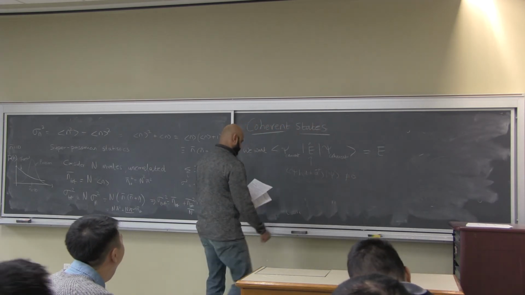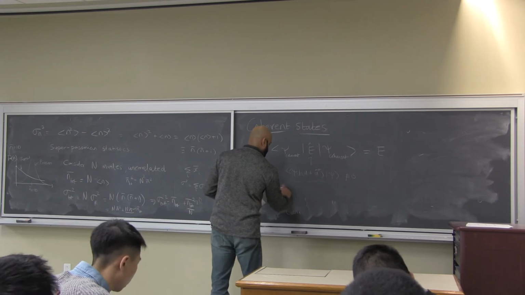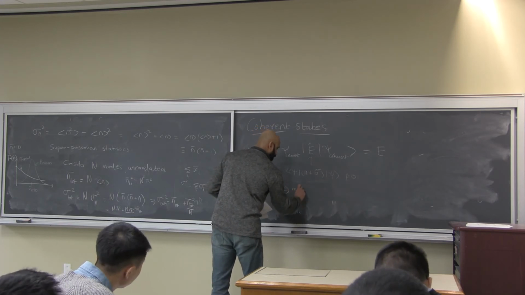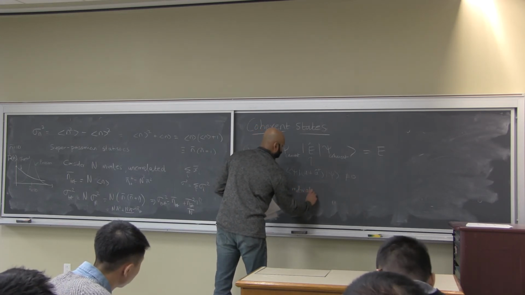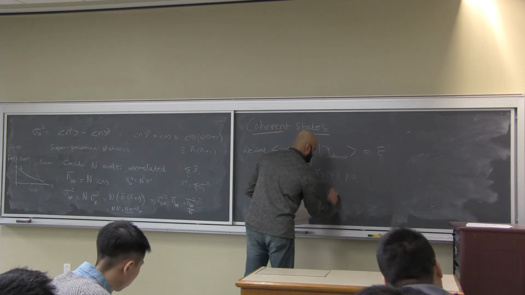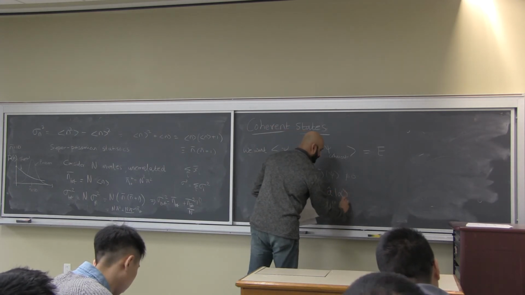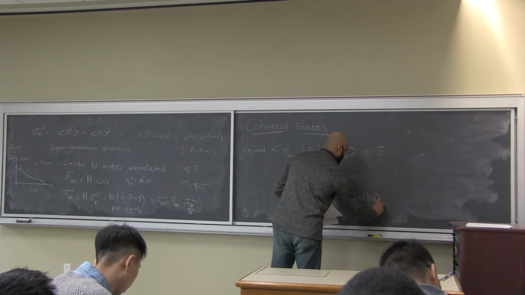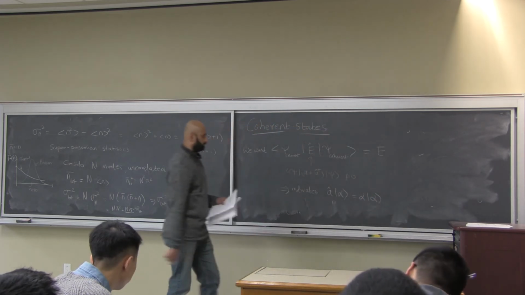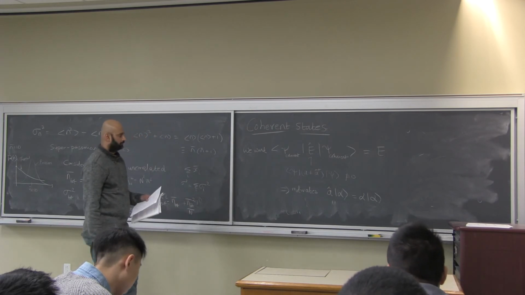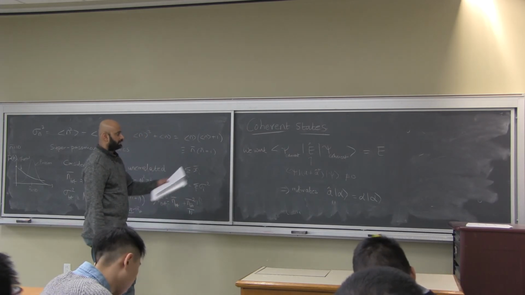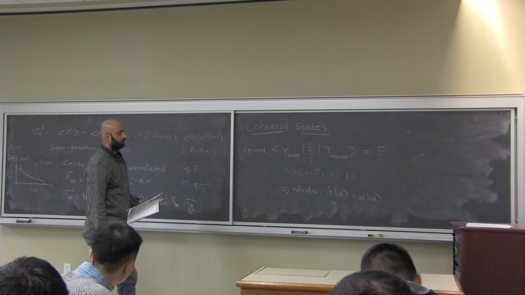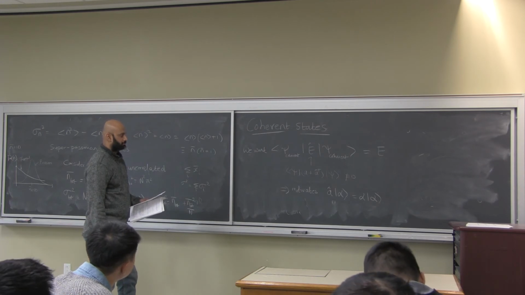Which means this motivates that we should look for eigenstates of A. And I'll call those eigenstates alpha, and they have an eigenvalue alpha. And then clearly these states will have a non-zero expectation value.